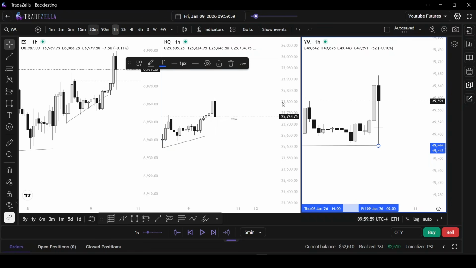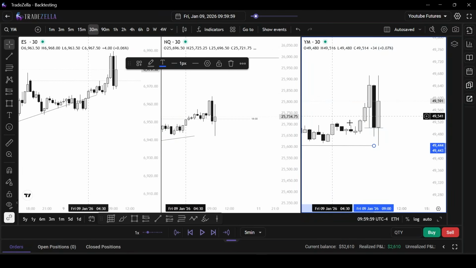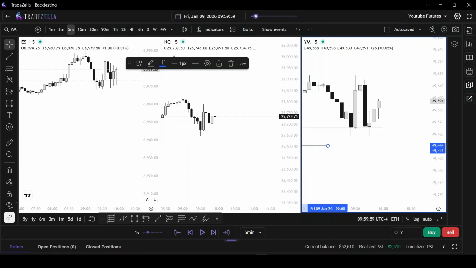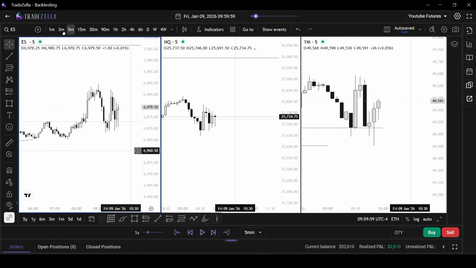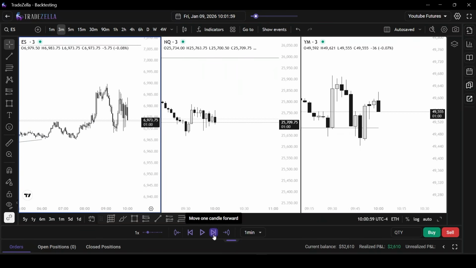Take a look at the 90-minute, candle 3. 30-minute, candle 3. So we're trading candle 3 across all time frames. That is good to see. So we'll see how this is going to work out.